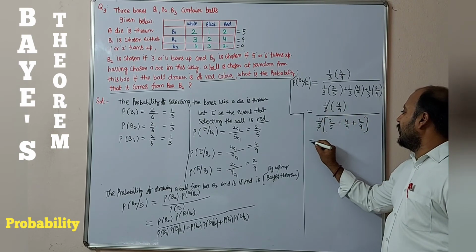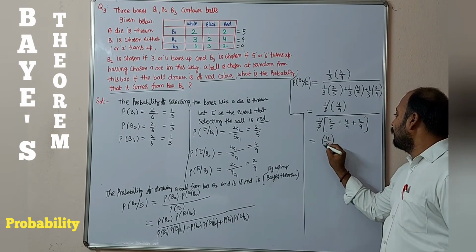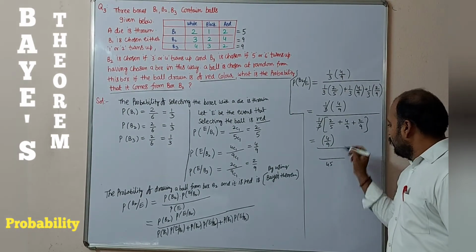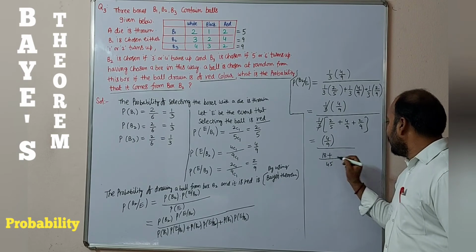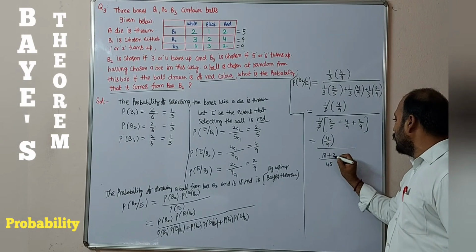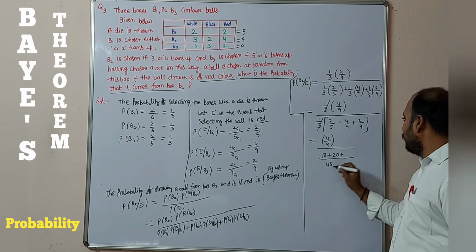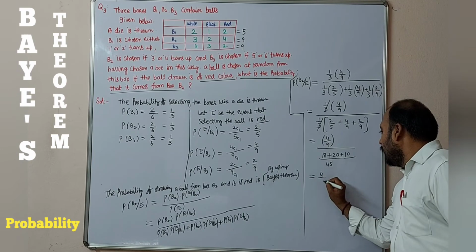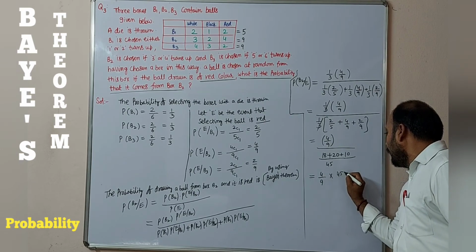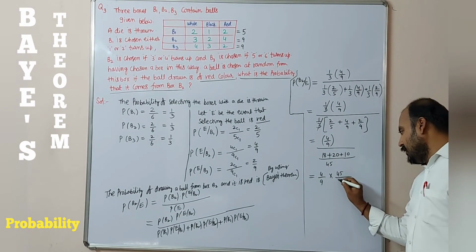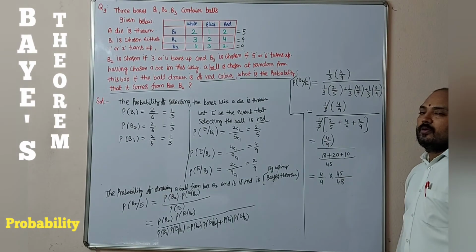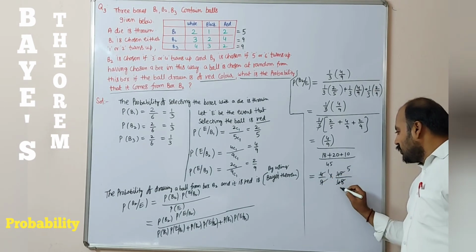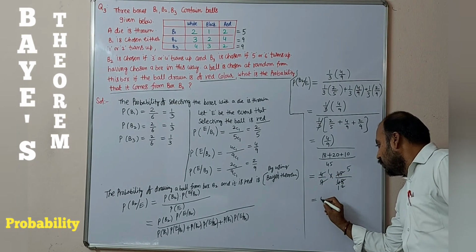LCM is 45: 18 plus 20 plus 10, which is 4 by 9 into 45 divided by 48. So 4 by 12, which is equal to 5 by 12.